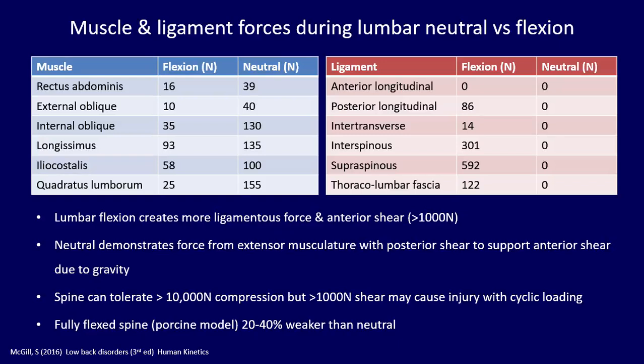So as we go into a stretch position, we stretch the ligaments, they recoil and they provide force passively, whereas in the neutral position the same force is provided but actively through the muscles.